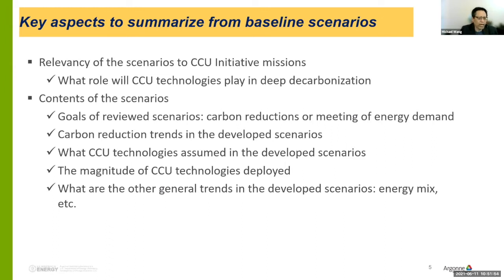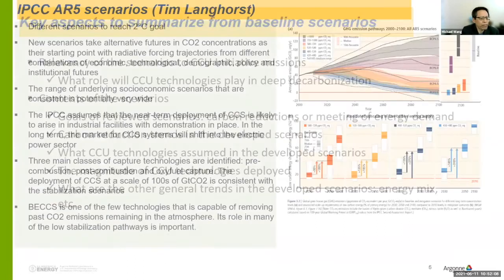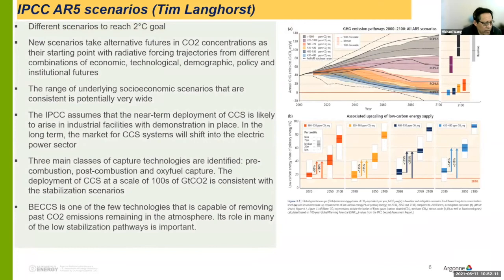So as you can see, the goal is to use those baseline scenarios to give people doing CCU technology examination a broad context.